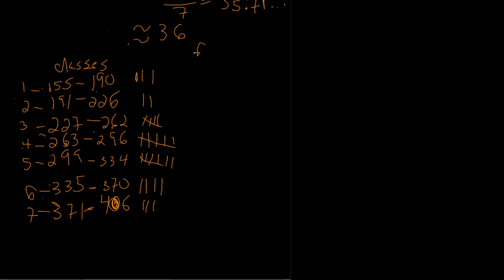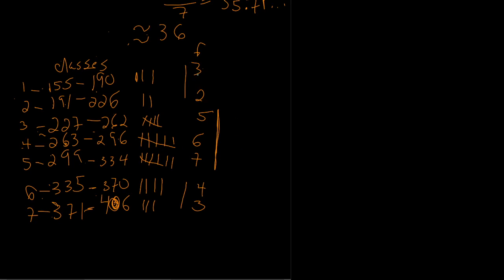We'll put an F here for my frequency column, and there were 3 here, 2, 5, 6, 7, 4, and 3. And we can visually see some things happening already. There's a grouping of large numbers here, where it's smaller here and here. So there's some grouping of numbers here.